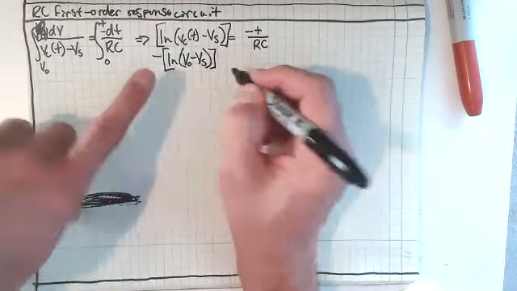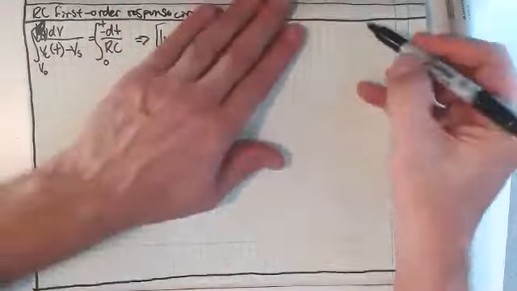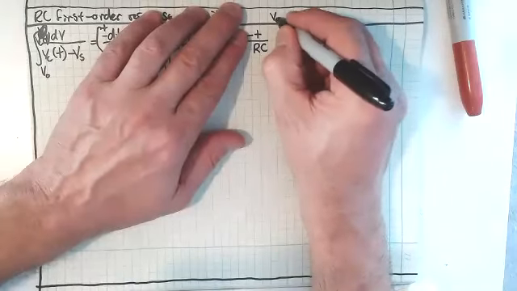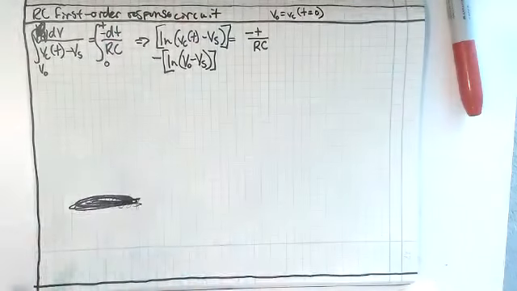In other words, V_0 is whatever the original voltage was on the capacitor. V_0 equals V_C at t equals 0, right?